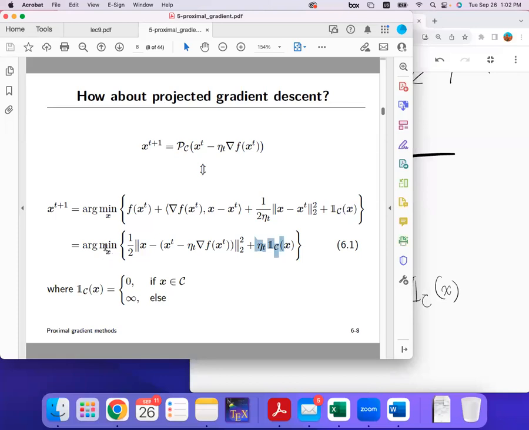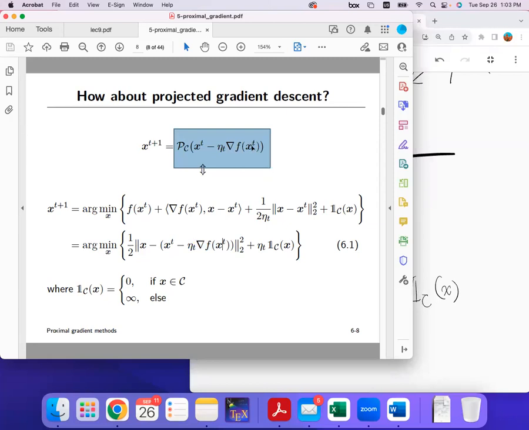Right. Now, if we do that, then this is basically projecting this point onto the constraint set C. Right, because we are looking for x that has the minimum distance to this point, while x is restricted within set C. And that is exactly this projected gradient descent update.